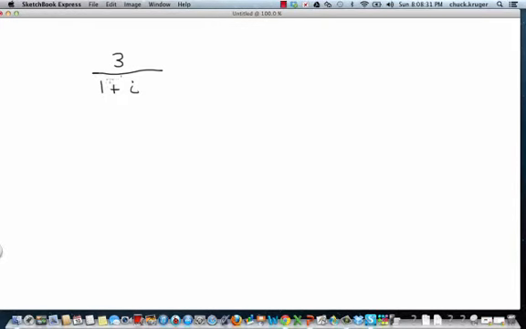And so anytime you have a complex number in a fraction that's in the denominator, it is not considered to be simplified. So what we do is we simplify it by multiplying by the conjugate. The conjugate is the same thing, but what's different is if I have adding, I'm subtracting. If I'm subtracting, I'm adding. I have these opposites. And I'm going to multiply the top and the bottom by that conjugate.